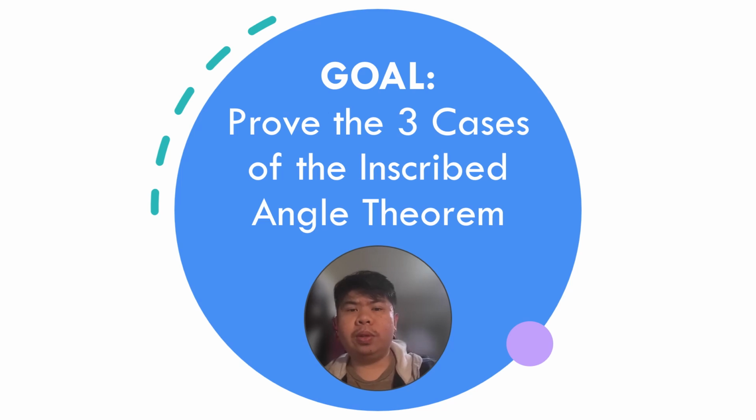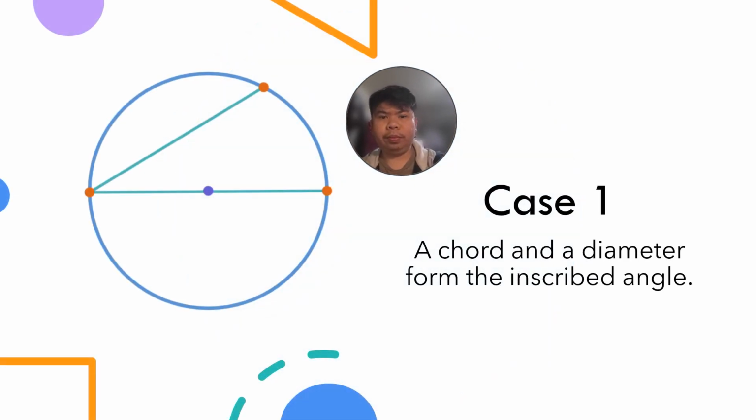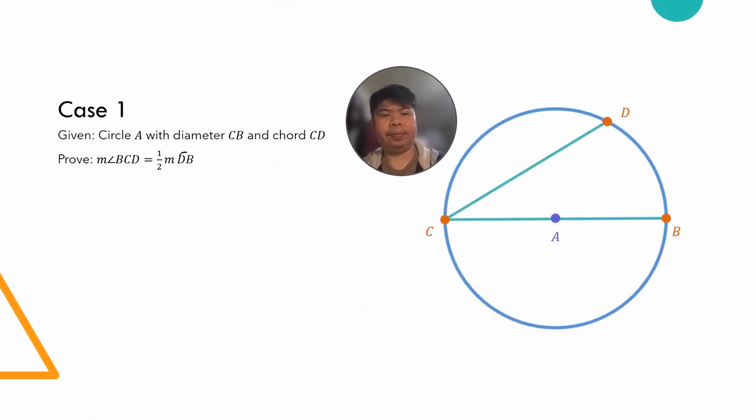So today's goal is to prove the 3 cases of the inscribed angle theorem. And let's do case 1 together. A chord and a diameter forming the inscribed angle. So we'll name our circle A with center A and the points C, B, and D on the circle.